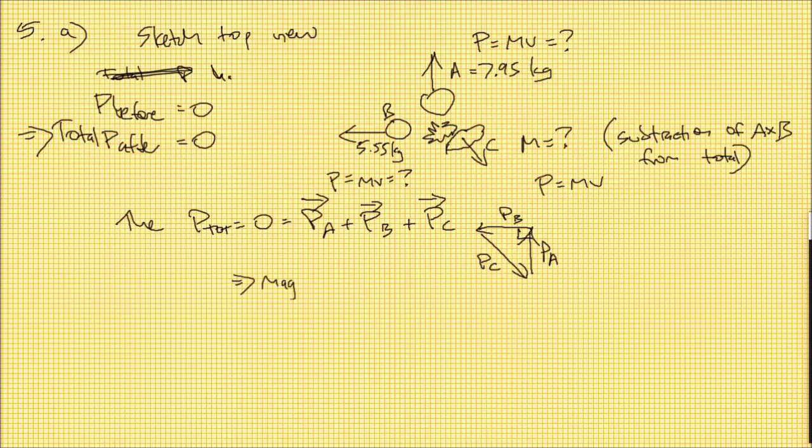So that is quite a soluble little triangle using Pythagoras' theorem for the magnitude of the momentum of rock C, and SOHCAHTOA to solve for the direction of rock C. Thank you for listening.